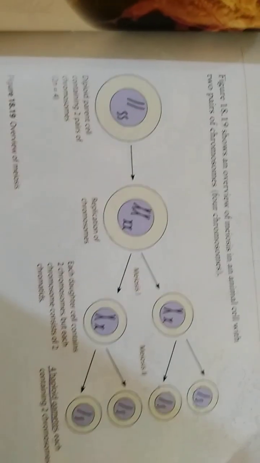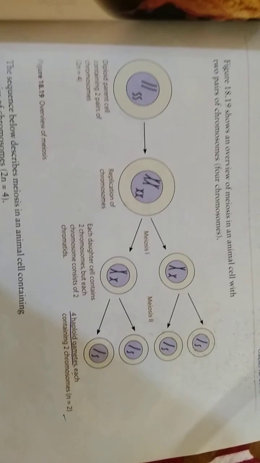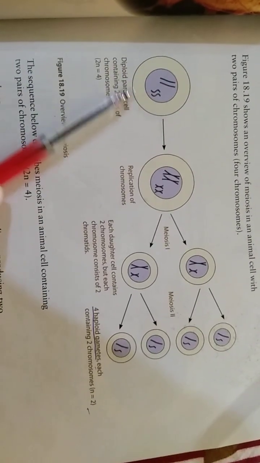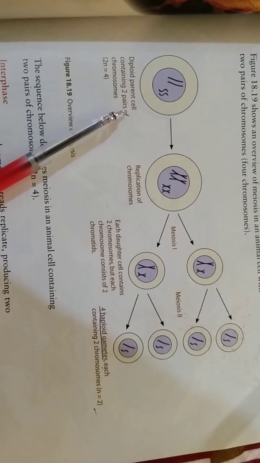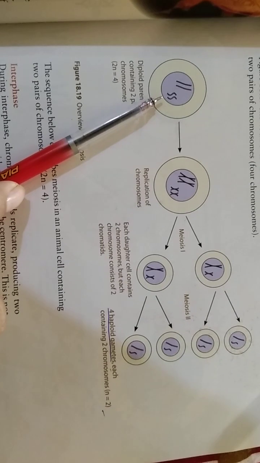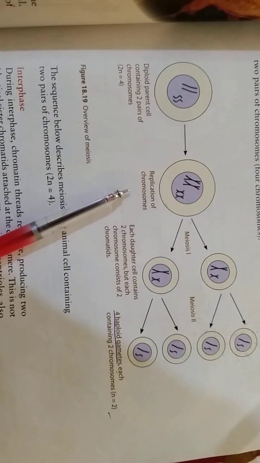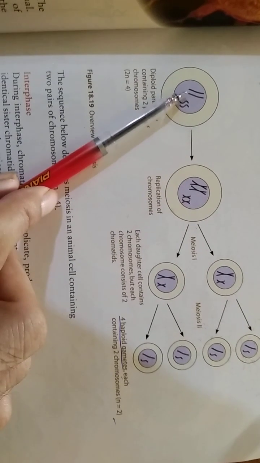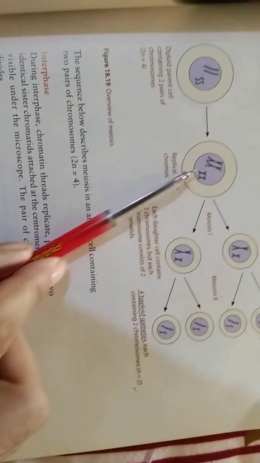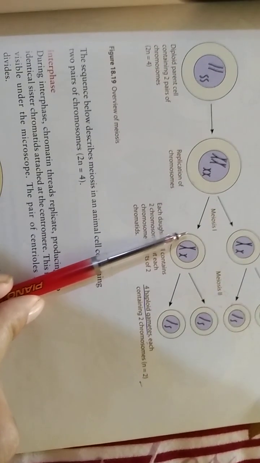Look at this diagram and try to understand the process of meiosis. Diploid parent cells contain two pairs of chromosomes, one pair and another pair. The chromosomes replicate, and in meiosis 1 they divide into two chromosomes here and two chromosomes here.